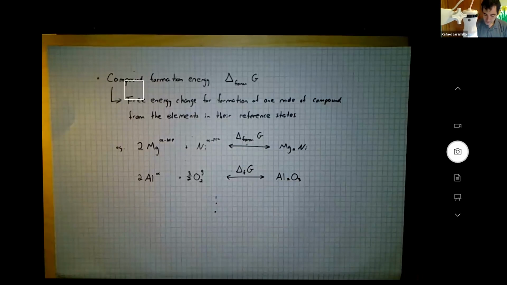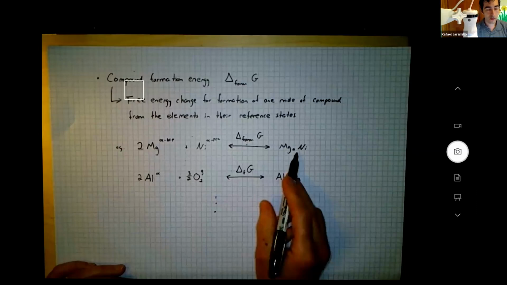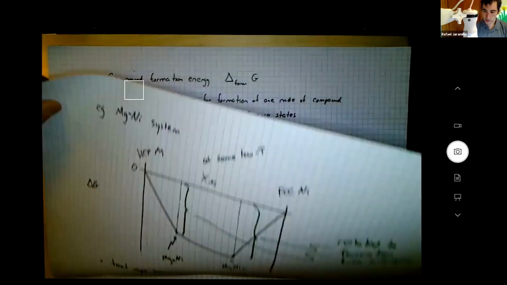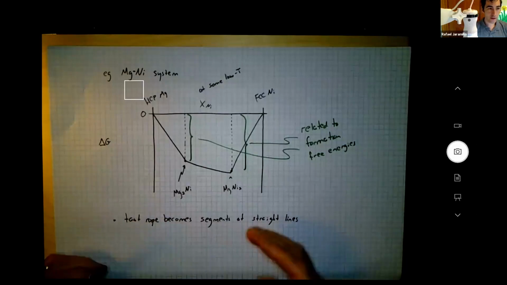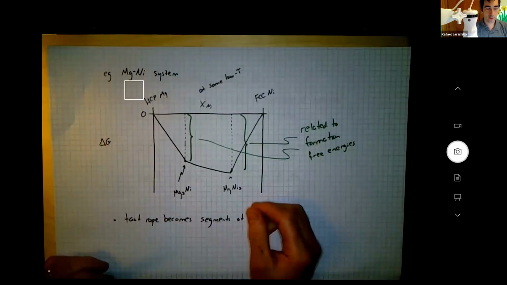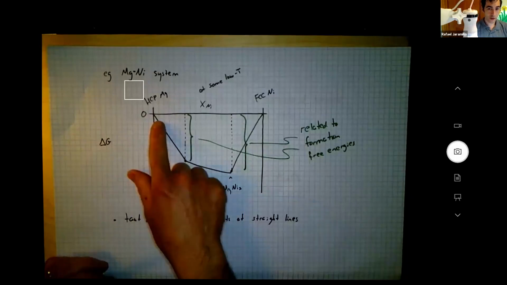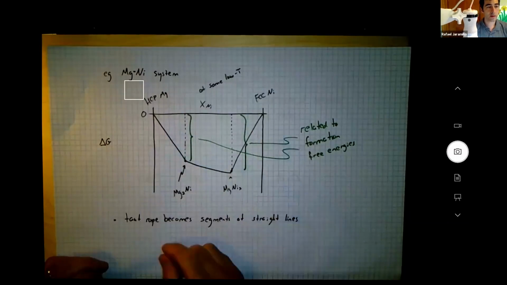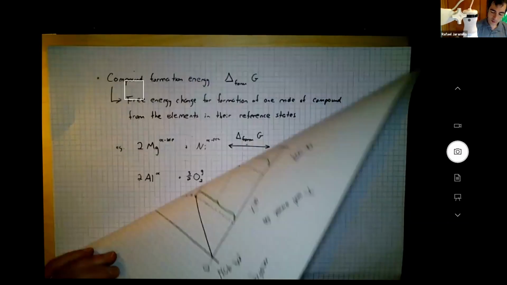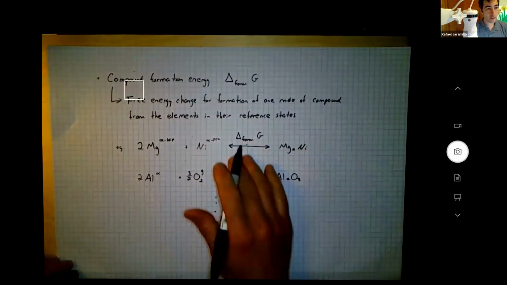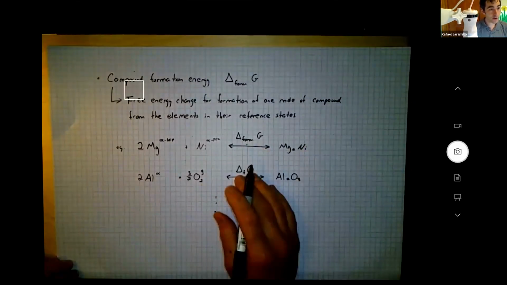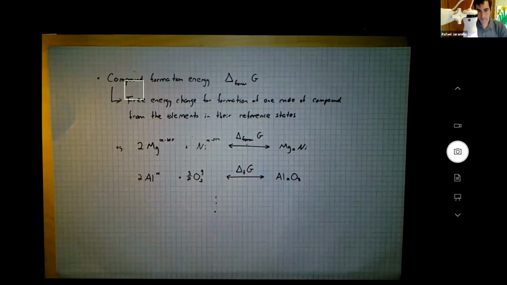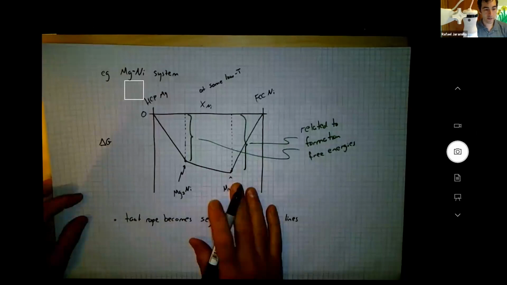There's a detail. This formation energy is per mole of compound. When we draw free energy composition diagrams, we assume 1 mole total of the components. So there's a normalization that you need to apply in order to use formation free energies, as you might find in databases, in free energy composition diagrams.